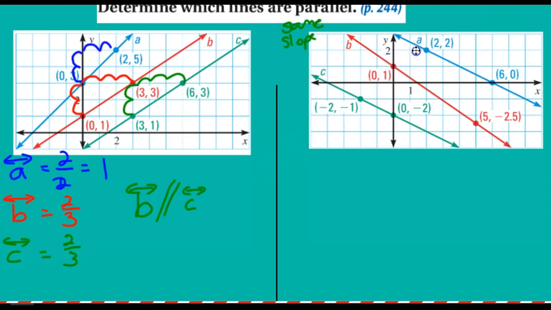If we go over here, we can start with line A. This is going down, so I know my line A is going to be negative. So negative 1, 2, and over 1, 2, 3, 4, or negative 1/2.